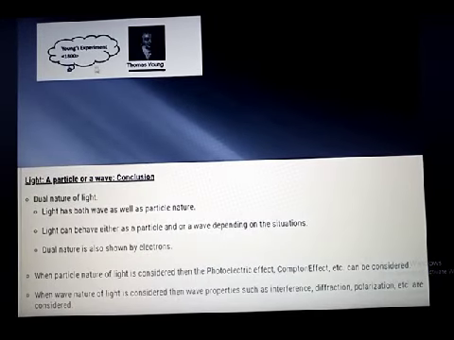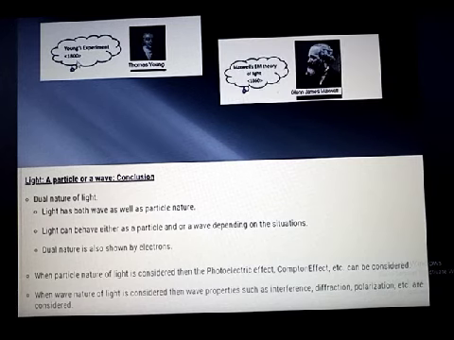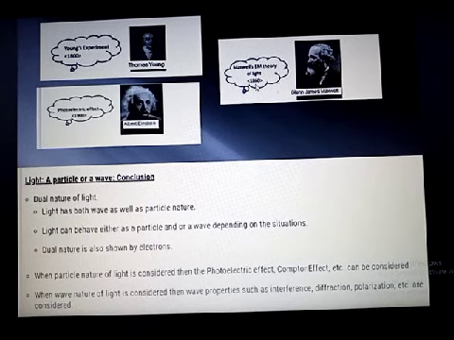As you can see here, Thomas Young tried to prove that light is a wave in the year 1800, and James Maxwell tried in 1860 by various kinds of experiments and techniques.